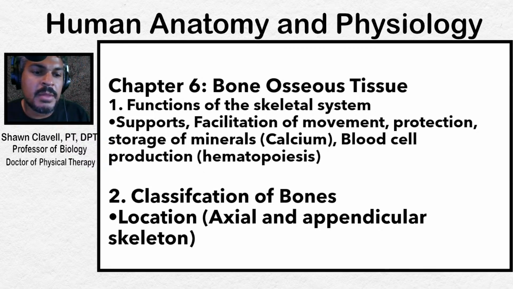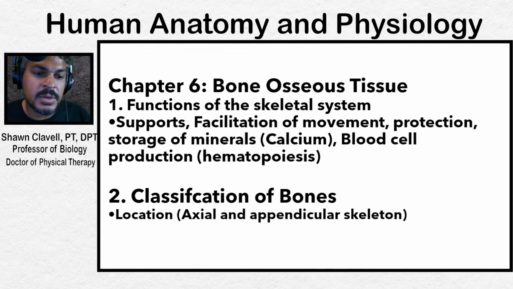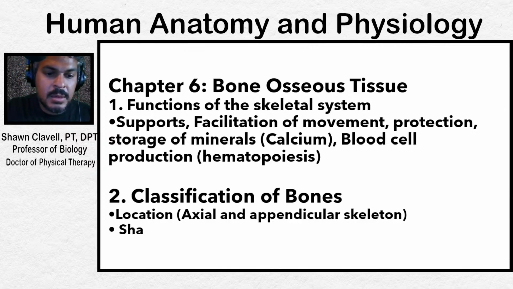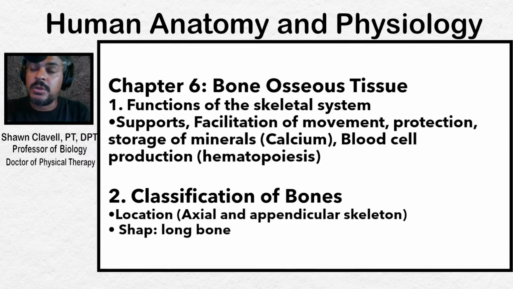Right. And then we also classify bones on their shape. So the other thing that we classify bone is based on its shape. One of the most common is like a long bone. So, like, your arm is made up of a long bone, your femur, which is your thigh bone, is made up of a long bone.